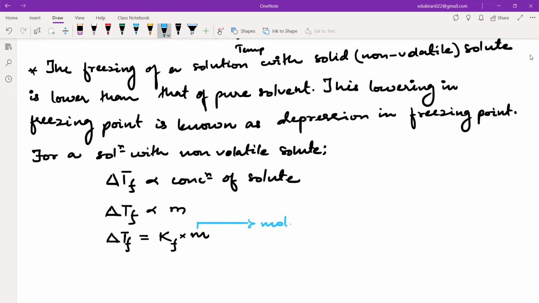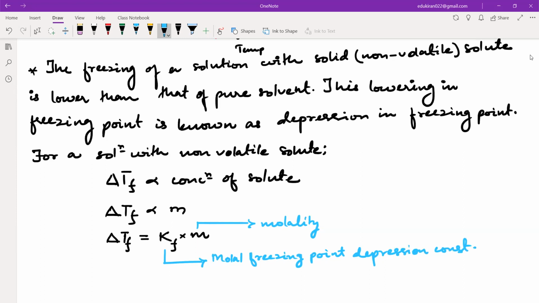So this is molality. KF is the molar freezing point depression constant, and it also has one other name.